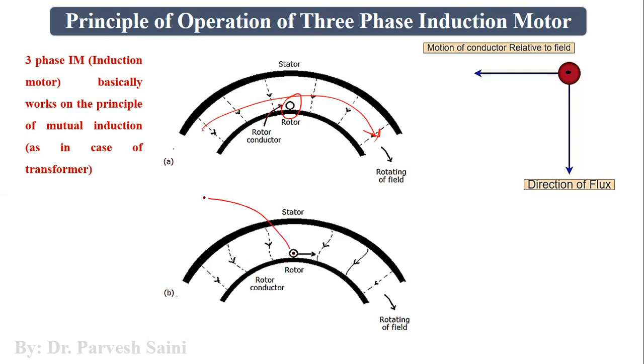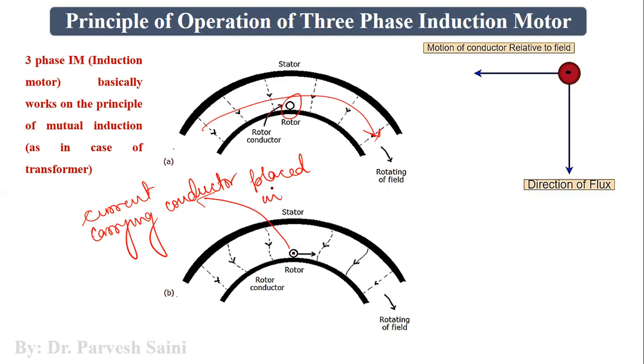we have a current carrying conductor placed in the magnetic field, right? So you can see here this conductor now has some current, right? And we have the magnetic field here, so we have a current carrying conductor placed in magnetic field.